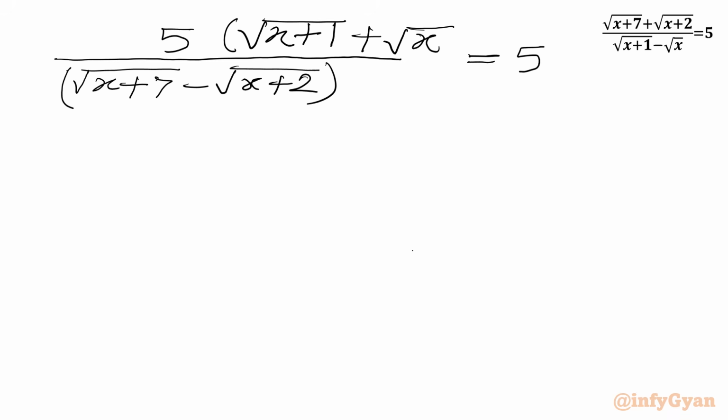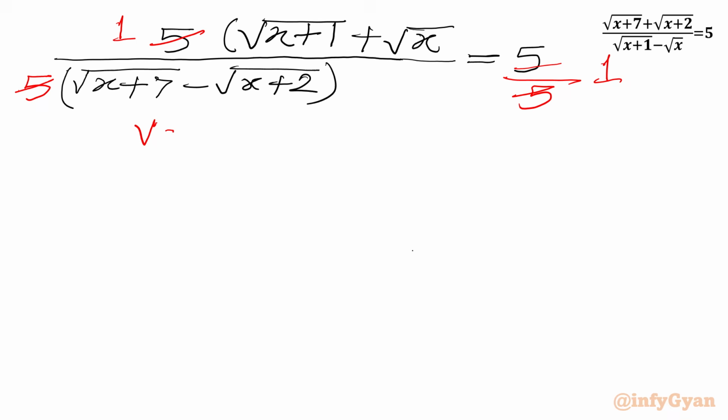RHS is 5. Now we have 5 as a multiplier on both sides, so we can divide both sides by 5. Now 5 over 5 will become 1. Here also we will write 5 over 5, 1.